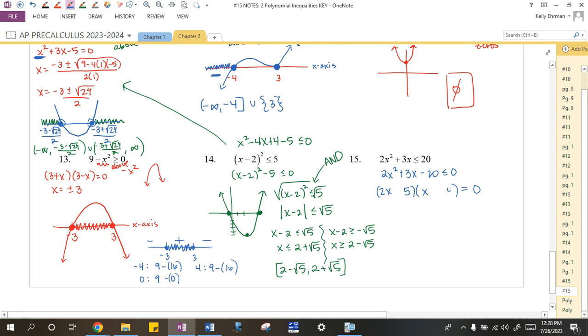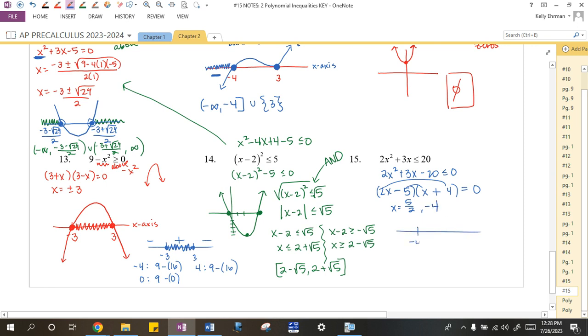And I know the 4 can't go with the 2, because then if it's 2x and 4, I would have been able to take a 2 out of the original. 5x and 8x, that's going to give me 3x if I make it positive 8x minus 5x. That checks out. So the zeros are 5 halves and -4.